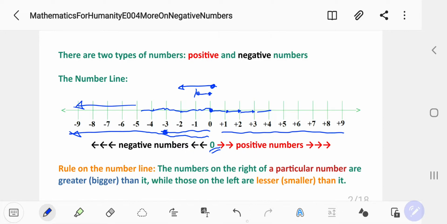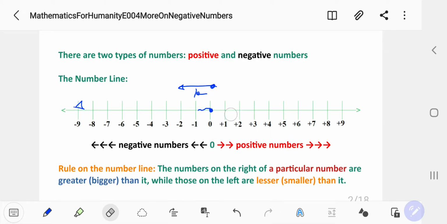But look at this, and let's talk more about the number line. The numbers are placed like this.